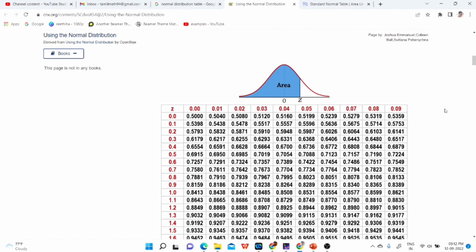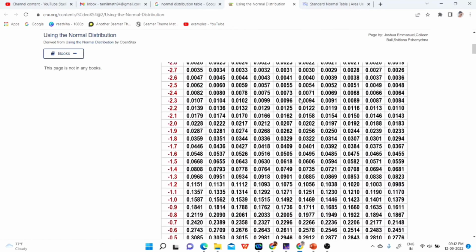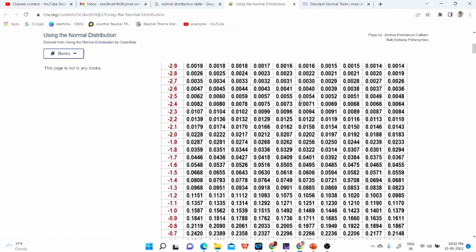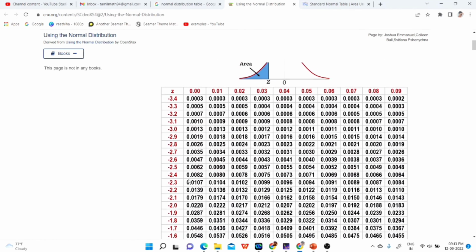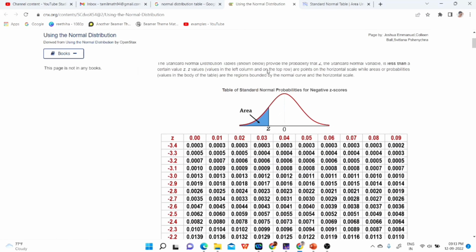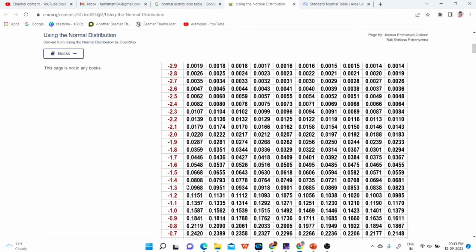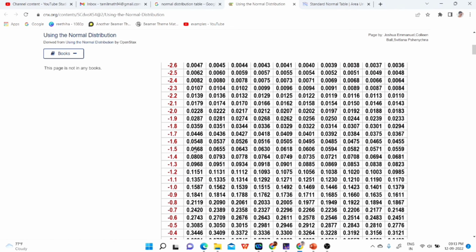If you see here, it is a two-sided table, where at 0.00 it has 0.5, as the curve says, from minus infinity you are evaluating. So if we need to find Z less than minus 1.5, we can directly read it from the table if we have a two-sided one, that is, from minus infinity to some point.